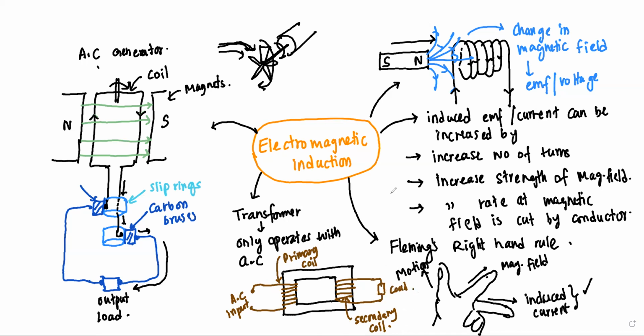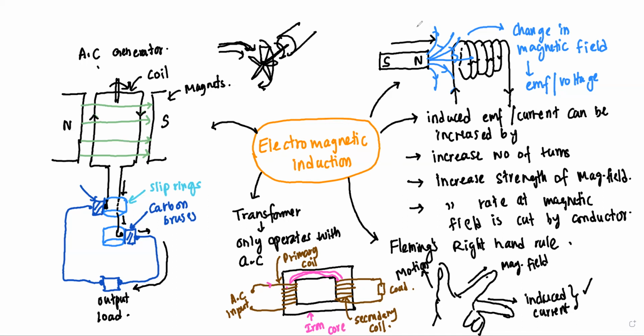What we expect this to do is, when we supply an alternating current to this, it generates a magnetic field within this iron core. This is the iron core.